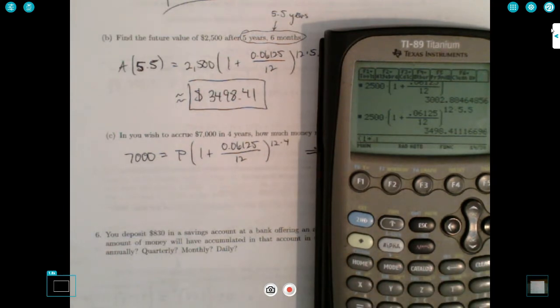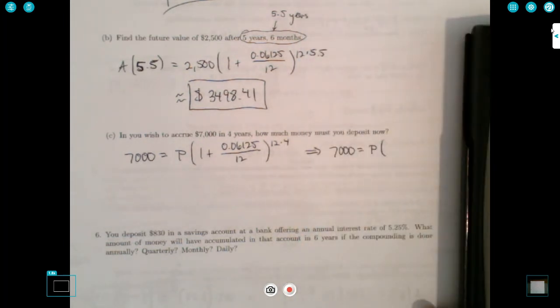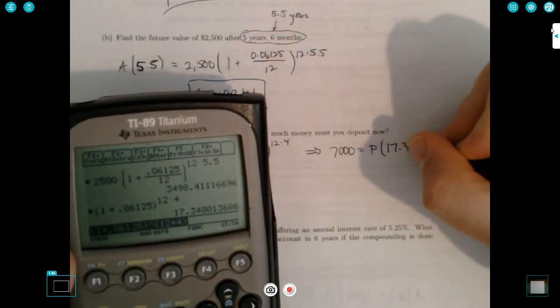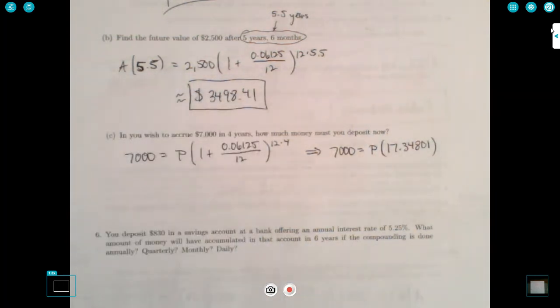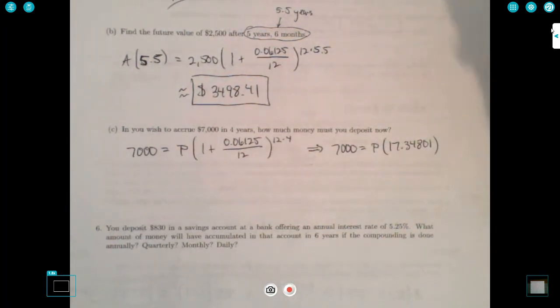So it's 1 plus 0.06125 to the power of 12 times 4. So that's, well, we can call it 17.34801. I want to round to the nearest penny, so I'm just going to take that many decimal places, because I think that'll get me to the nearest penny.